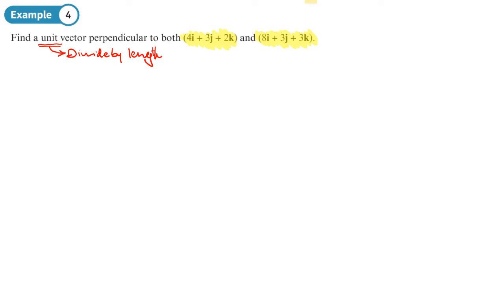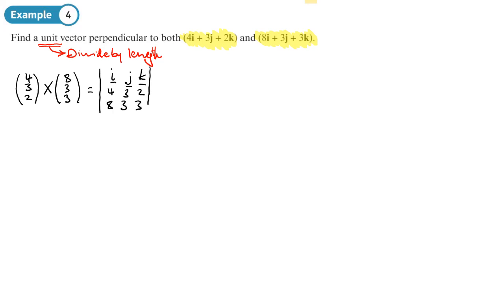Right, so let's work out 4, 3, 2 cross 8, 3, 3. And the way we're going to be doing that is the determinant of that 3 by 3 matrix: i, j, k, 4, 3, 2, 8, 3, 3.